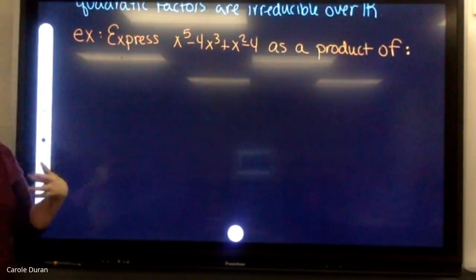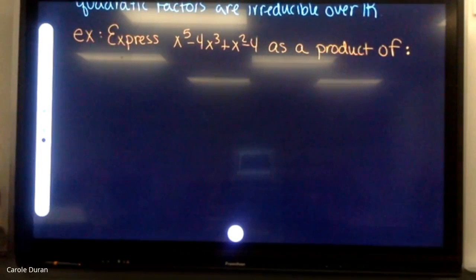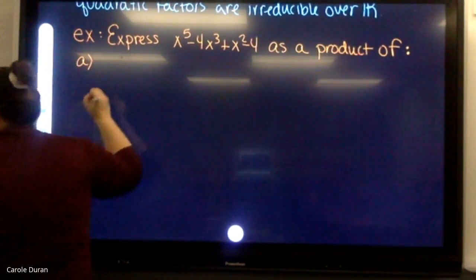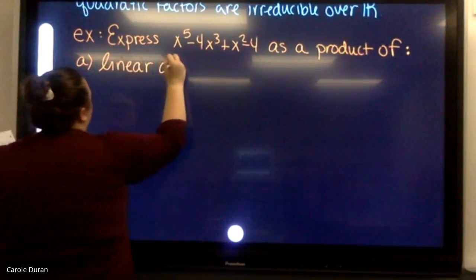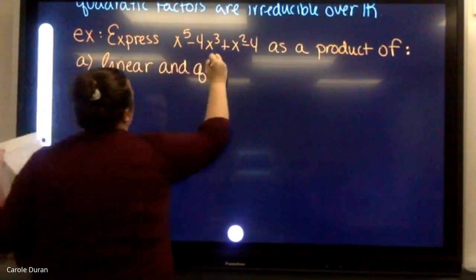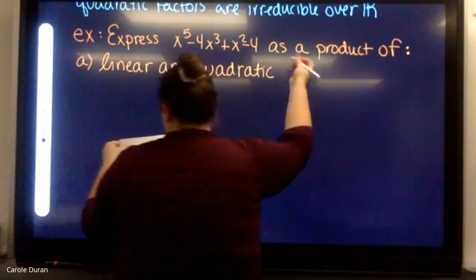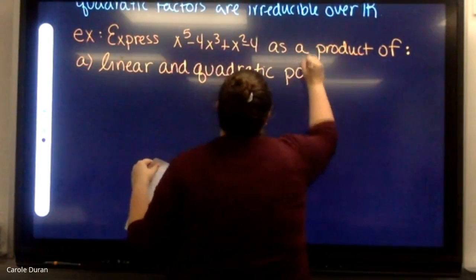So it says to express this polynomial as a product of, we're going to do 2 different products here. The first product we are going to find is this polynomial in terms of linear and quadratic polynomials, sorry.